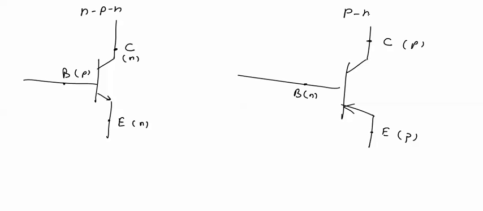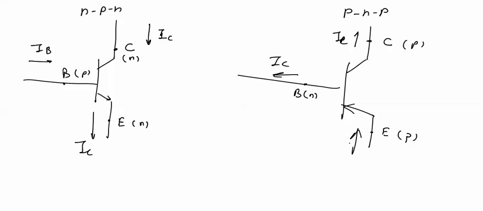This is PNP transistor. The actual direction of currents in these three terminals is shown in the circuit, and here the actual direction of currents will be reverse. The arrow shown at the emitter terminal shows the direction of emitter current when base emitter junction is forward biased.